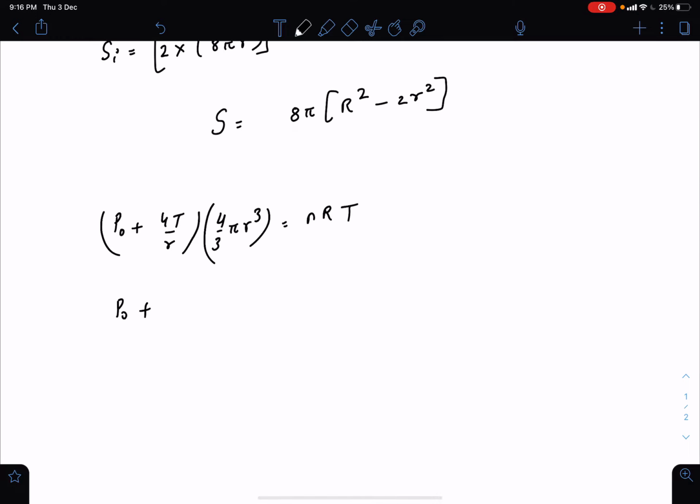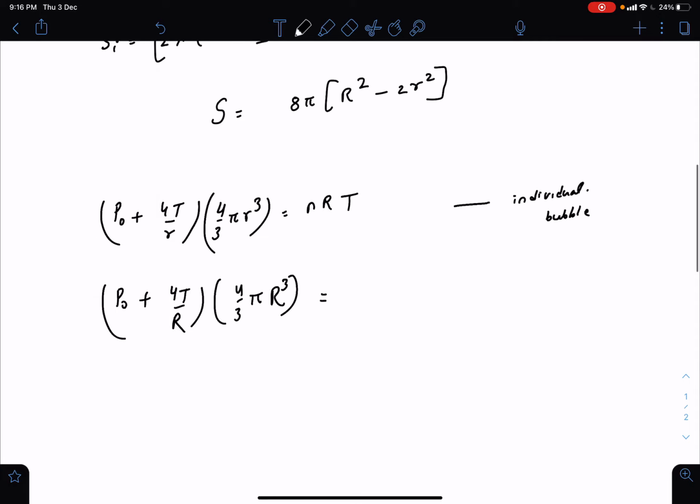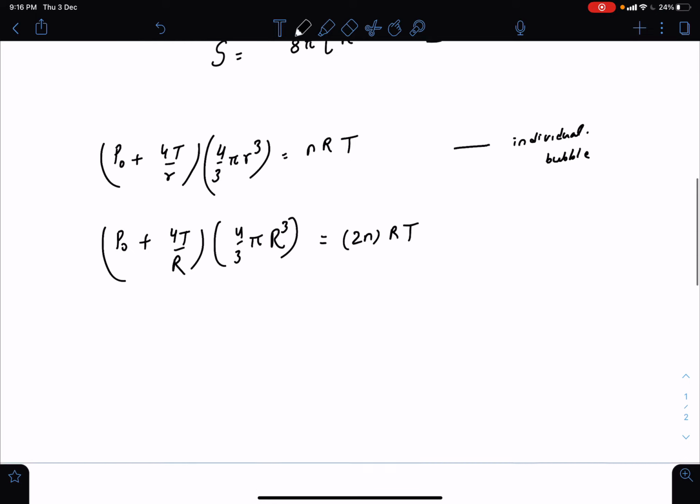P naught plus 4T by R, and the final volume is 4 by 3 pi capital R cube. Now the thing is, this is written for individual bubble. So for individual bubble, if the number of moles is n, then collectively the number of moles is 2n, and finally it is written for both the bubbles merged, so 2n.